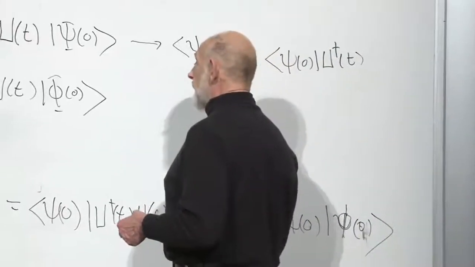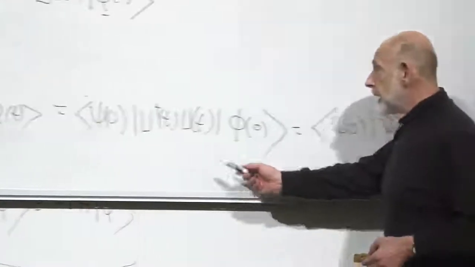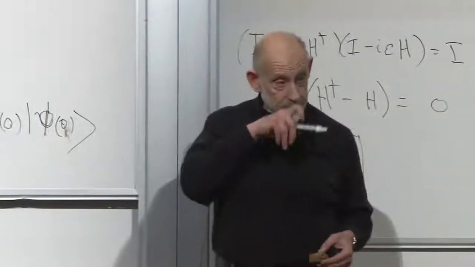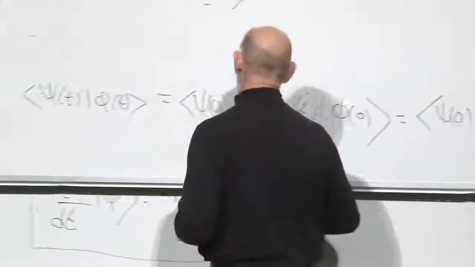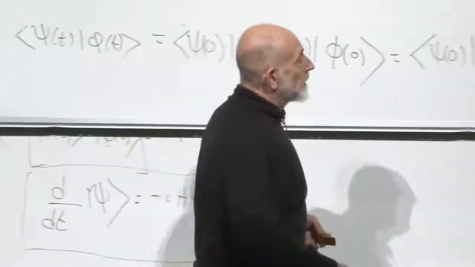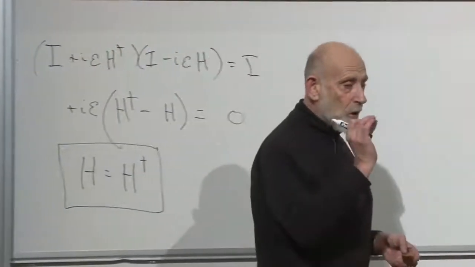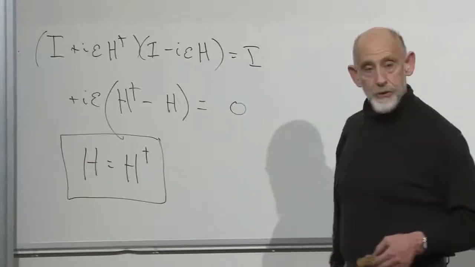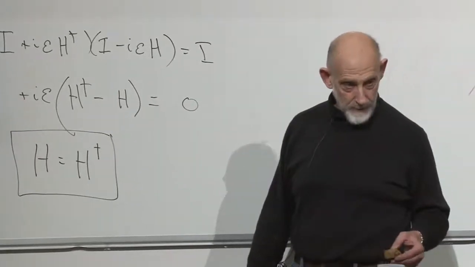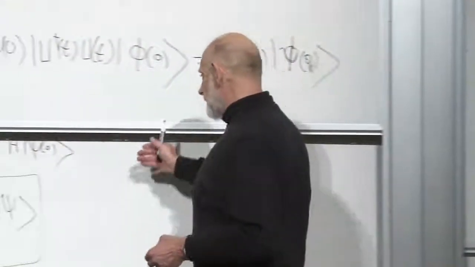The next statement is that inner products are conserved with time, and that tells you that u is unitary. From that, we discovered that the small incremental change is governed by a Hermitian operator. So we get to the idea of a Hamiltonian.